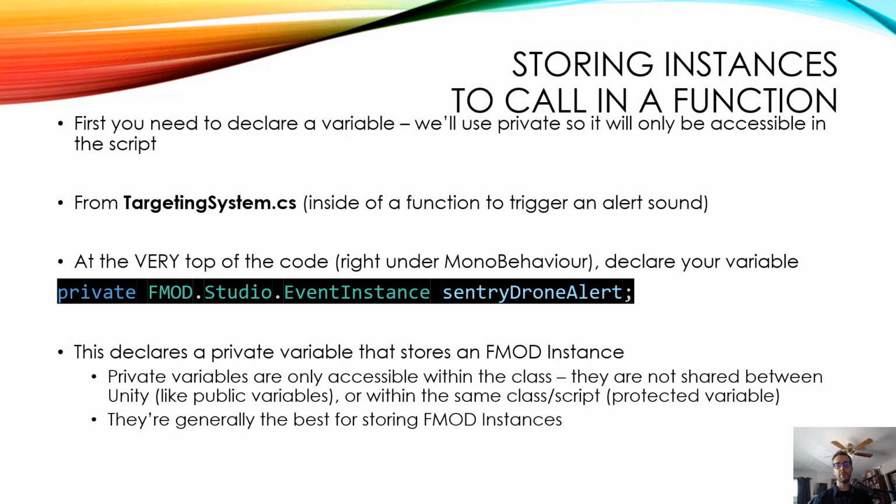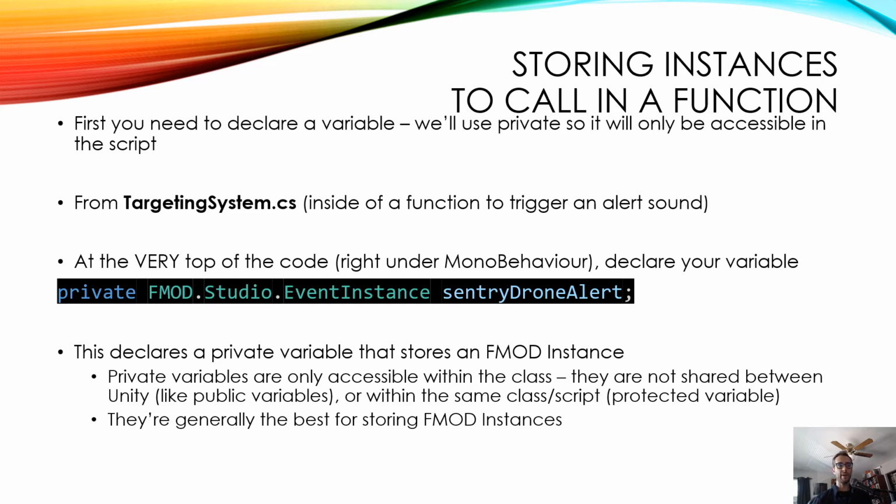However, for every other type of FMOD instance that we're going to use, you're going to need to first declare a variable. These are done at the very top of the code, after all the include stuff, after the MonoBehaviour line. So go right to the top under MonoBehaviour, and you'll probably see a bunch of things like private, public, and protected.